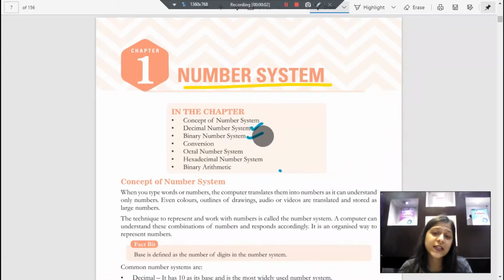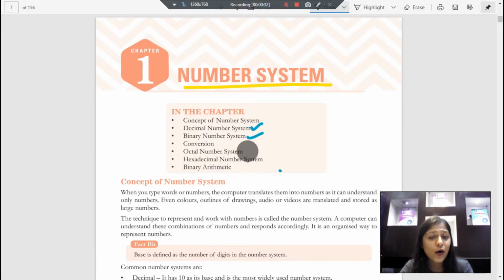It is the system that we use commonly and we study in our mathematics. It is the number system that we have saved in our mind. It includes 10 digits. So our numbers begin from 0 and go until 9, right? These are the digits that we use.